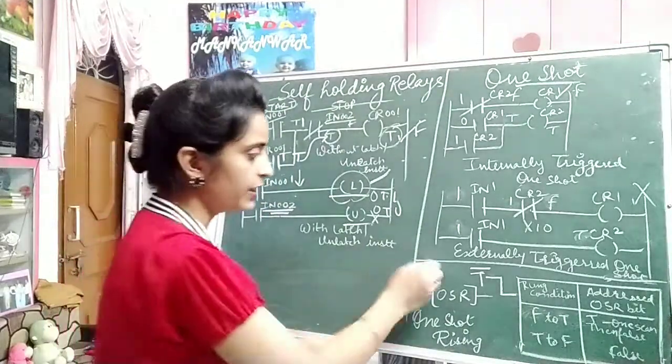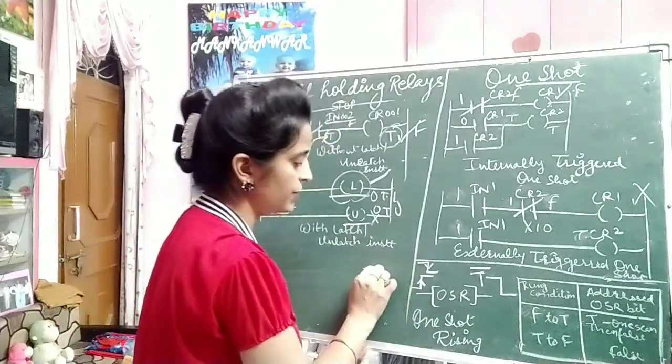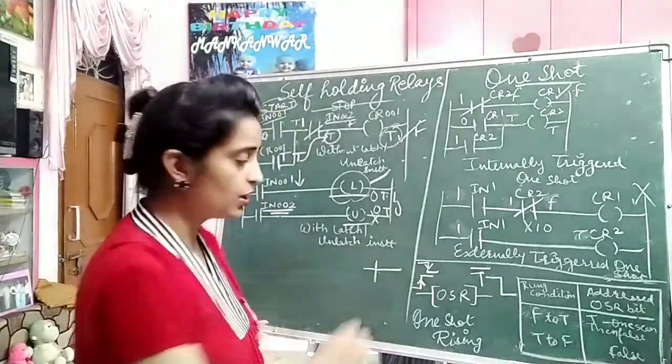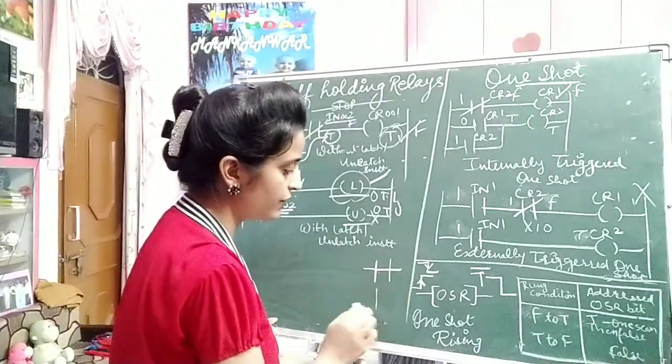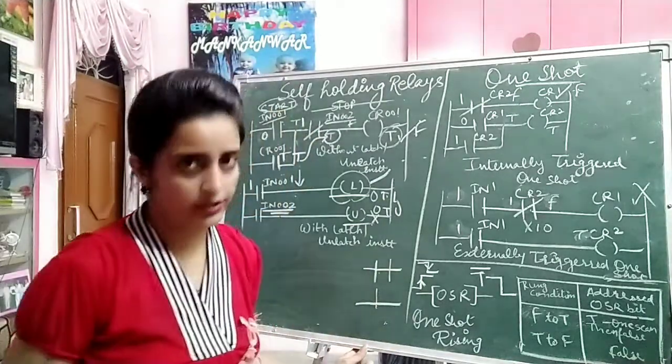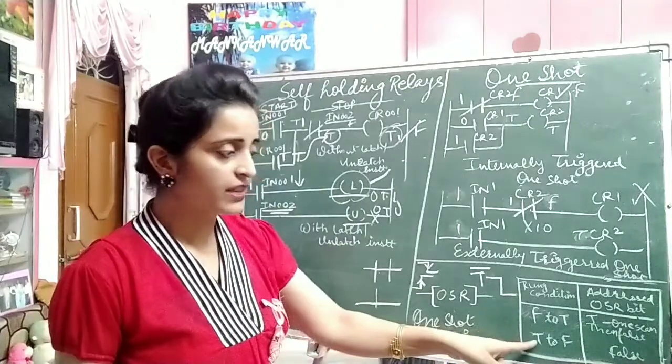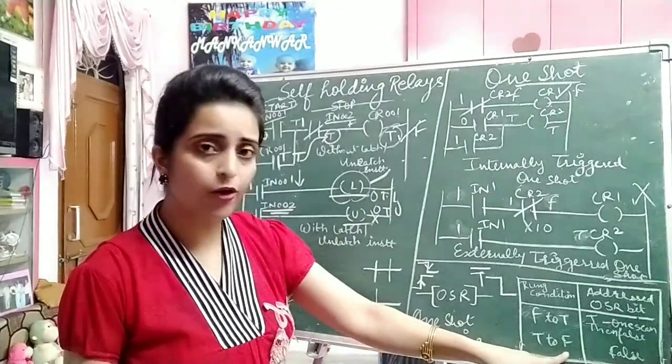Or if it remains unchanged, if it remains true for more than one scan cycle, or if it remains in the low condition for more than one scan cycle, in all these conditions, whether true or false, the output of this OSR bit will be false.